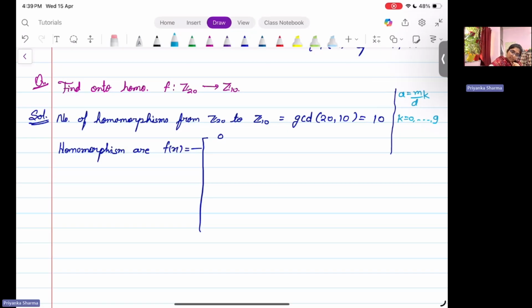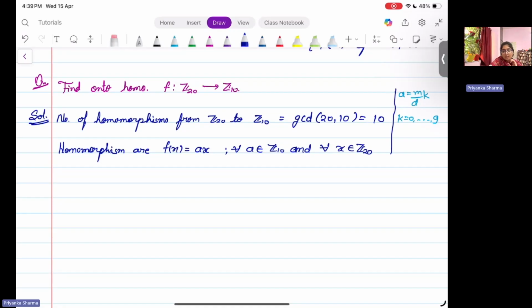And this time m by d, where m is 10 and d is also 10, this ratio will become 1. So I can write it like this also: f of x is ax for all a belonging to Z10 and for all x belonging to Z20.